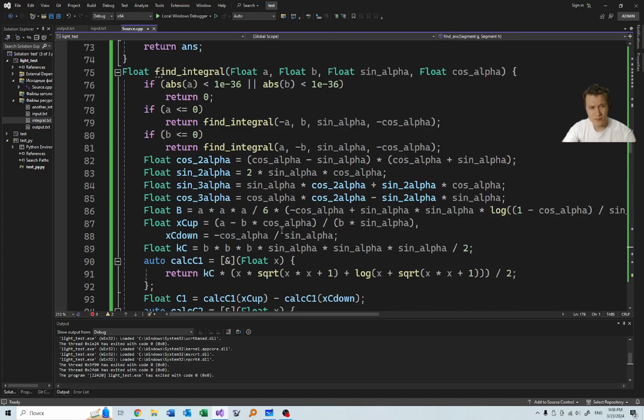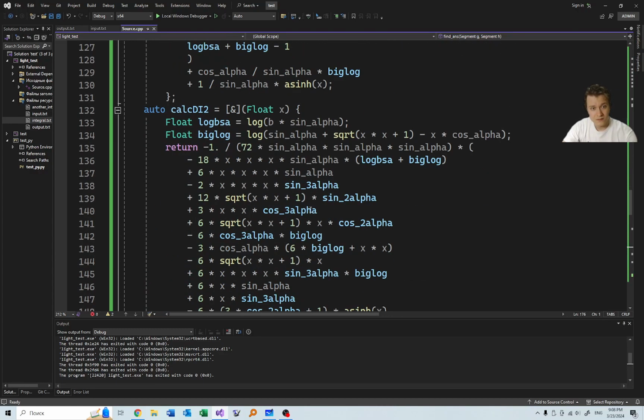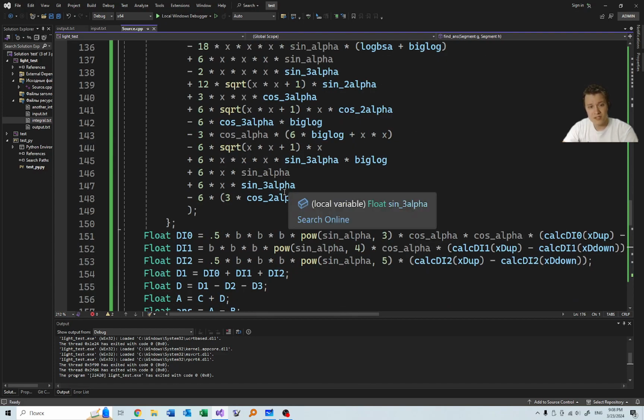And what am I supposed to do? Okay, we know that this function is symmetric in A and B, but how am I supposed to fix it? How am I supposed to know what is wrong?